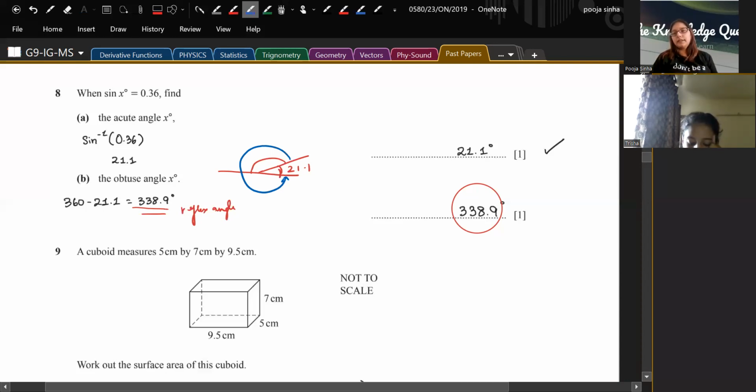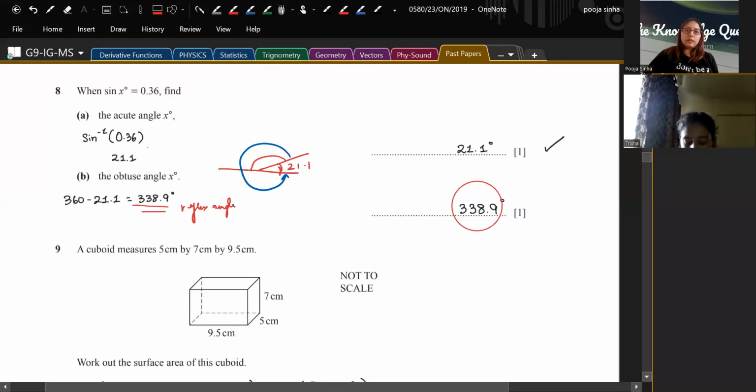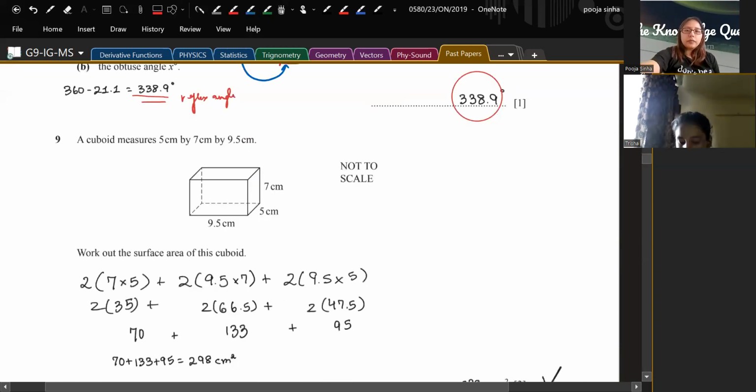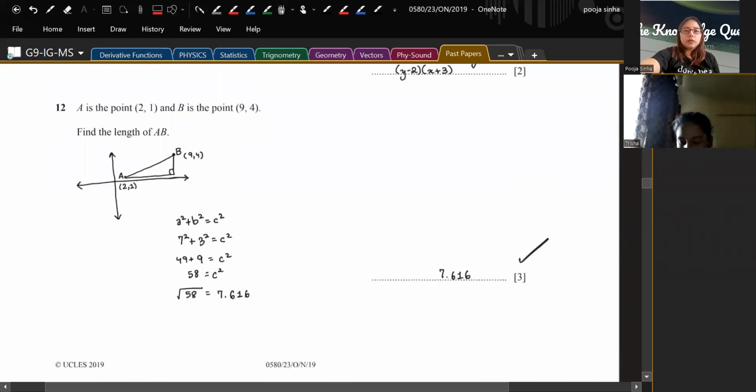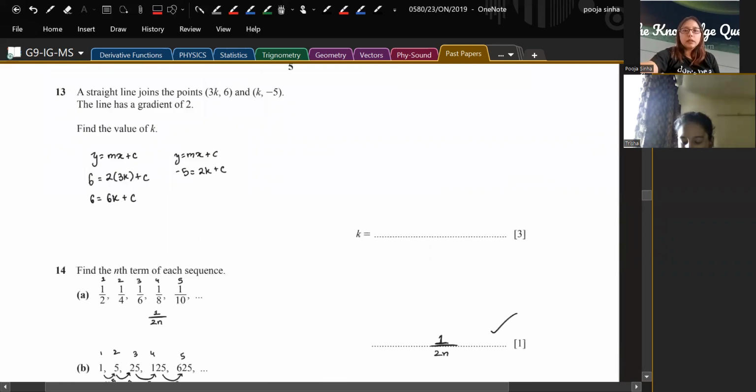Got it? Yeah. I'll just write it here next time. This is reflex and this one is obtuse. This you could do. All of this is correct.